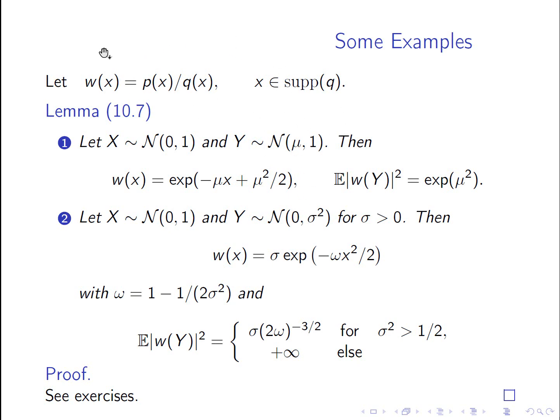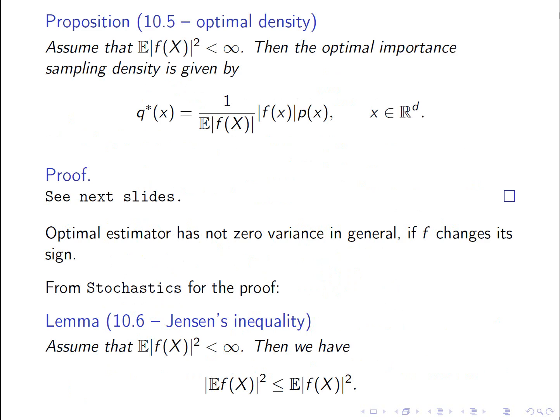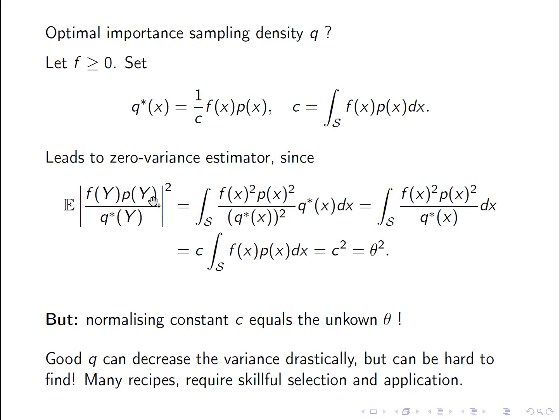And here we are, w of x is p of x divided by q of x. If you look at the importance sampling variables, here we have f, the function which we want to integrate, and then times p divided by q. So here's the optimal estimator, so just ignore the star. We multiply with p and divide by q.